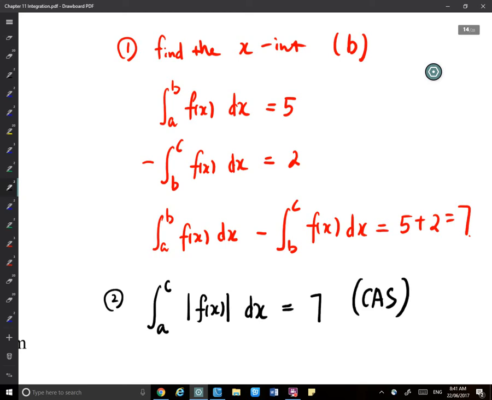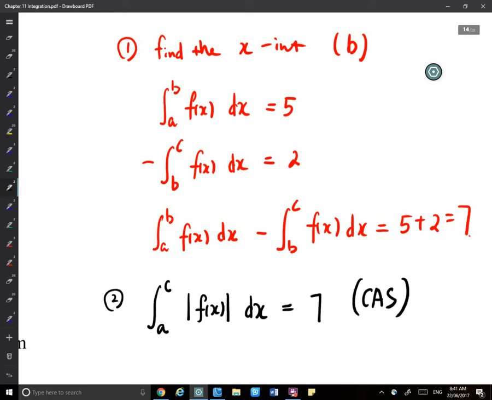So you change the function, but not completely. You just reflect the negative area into the positive above the x-axis, and then everything is above the x-axis, and I just need to worry about the starting point and finish point. I don't need to find the x-intercept, which saves a lot of time. Multiple choice questions, definitely do it by that.